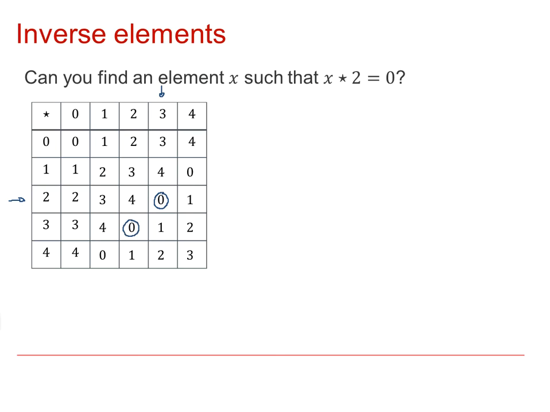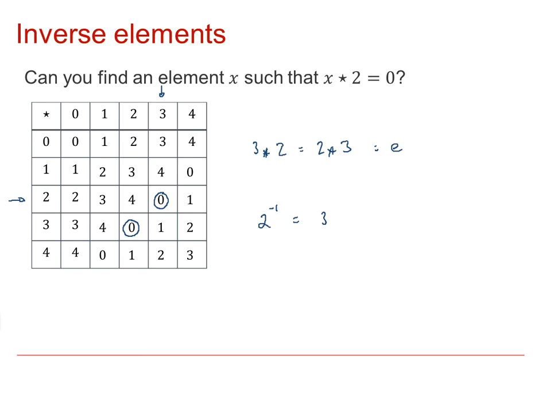So we can say that 3 star 2 is the same as 2 star 3, which is equal to the identity element E, which in this particular case is 0. Now that means that 3 is what we call the inverse of 2. So we can say that 2 inverse, if we wanted to use that notation, is equal to 3. Because when you combine something with its inverse, you get the identity element.